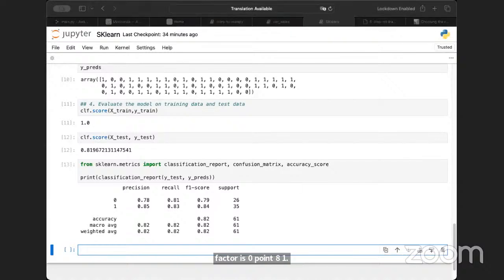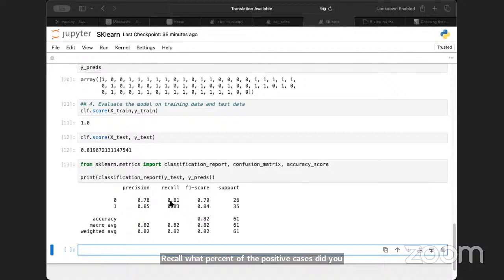Now, if you remember what I said just a while back, precision is what percent of your predictions were correct. So you were correct 78% of the time for zeros and 85% of the time for ones. Recall is what percent of the positive cases did you catch?